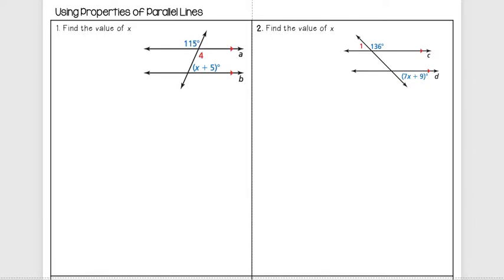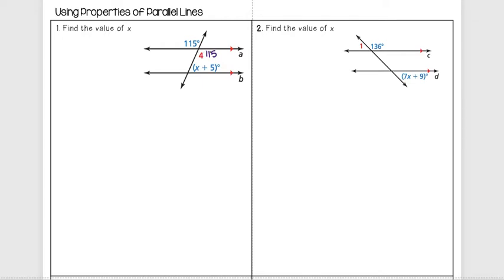And something I know with 115 and 4, I see that these are vertical angles, and so I know from my vertical angles congruence theorem, that means that angle 4 here is also 115 degrees. So now I have something to relate my x plus 5 with an angle here.